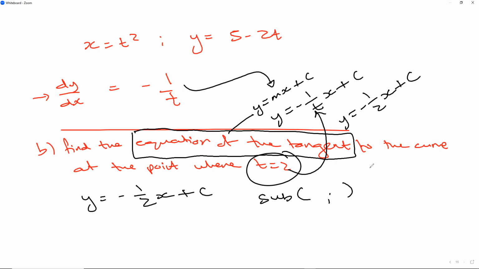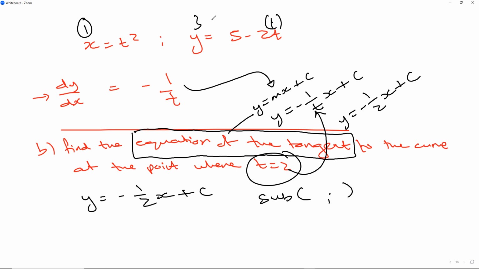Now, if I've got x and y and I want to find a point that I can substitute in, let's suppose x is equal to 1. If x is equal to 1, then 1 will equal t squared, which means t will be 1. If t is 1, then y becomes 3.